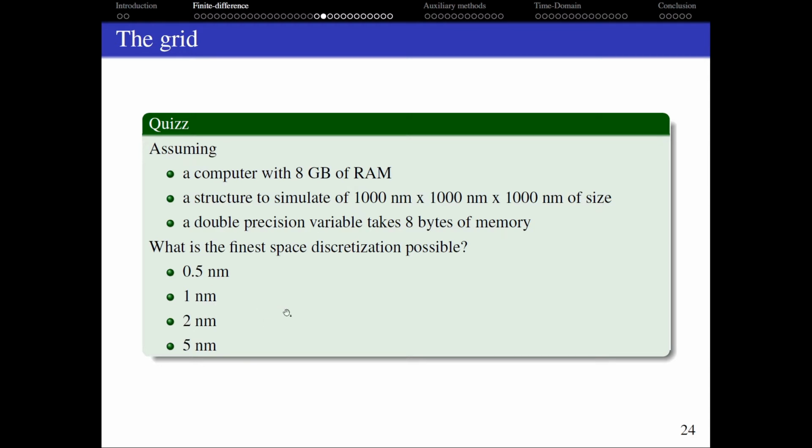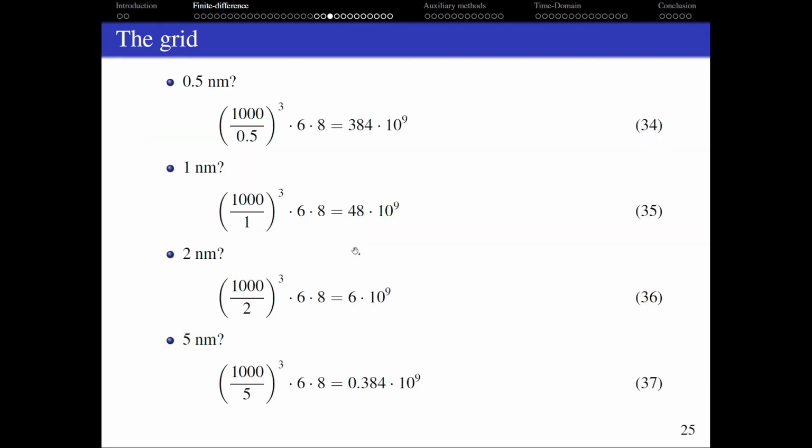So here are a few examples. You can try to guess, but if you want to, you can pause the video for a minute or two and try to guess what it is. But here is how to work this out. Let's say we wanted to discretize this with 0.5 nanometers of spatial discretization.